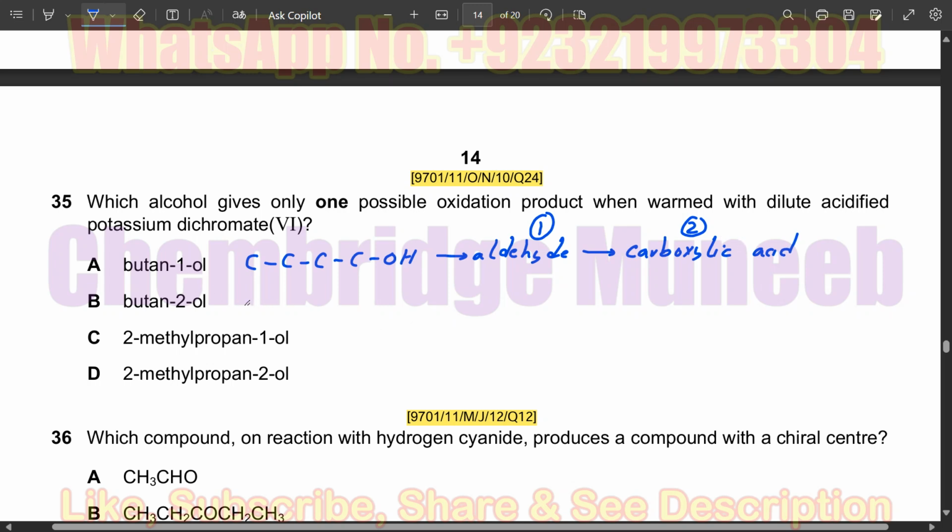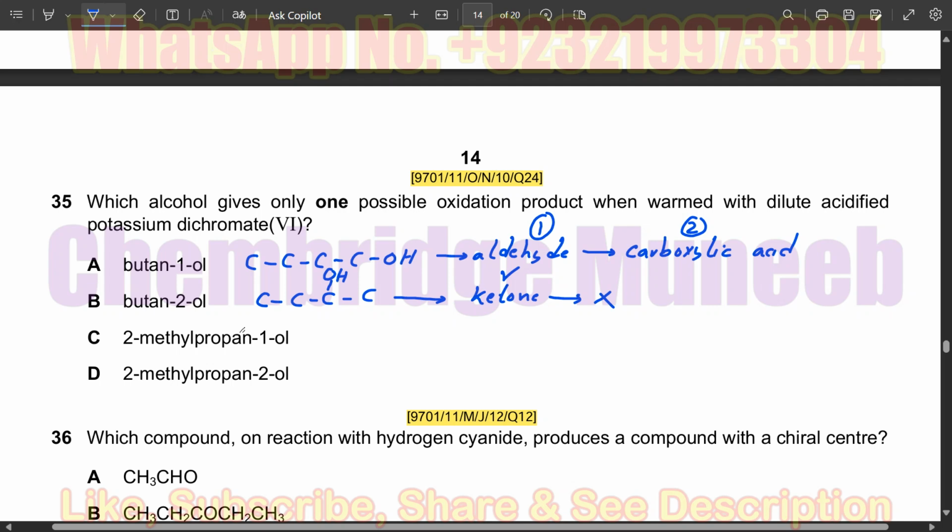In option B, it says butan-2-ol, which means OH must be present on carbon number 2. So when it reacts with the oxidizing agent, potassium dichromate, it must convert into the ketone. And ketone cannot further oxidize. So there is only one product here.